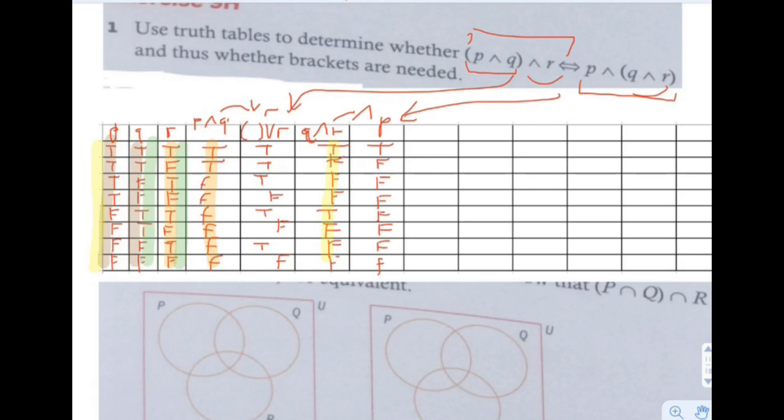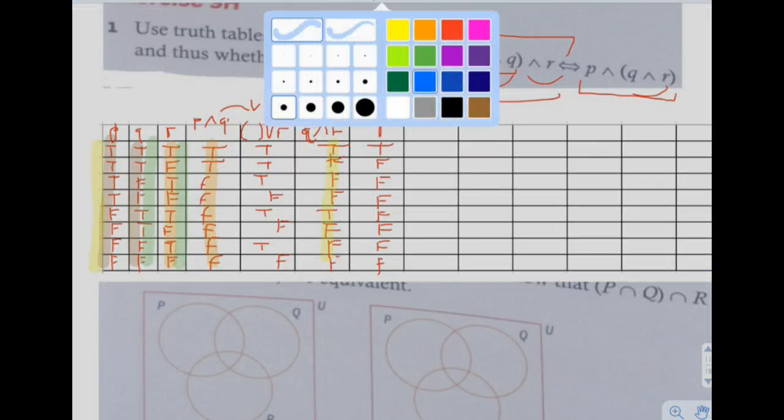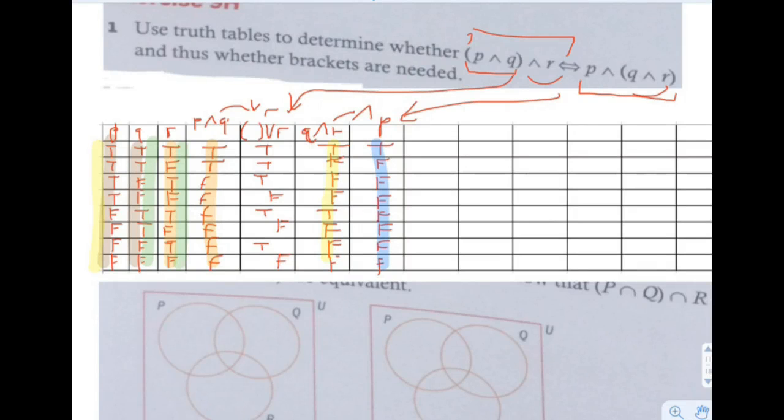And now we're going to check, are they equivalent? So we're going to compare this with this column. And no, they're not anything alike. So that means they're not equivalent.